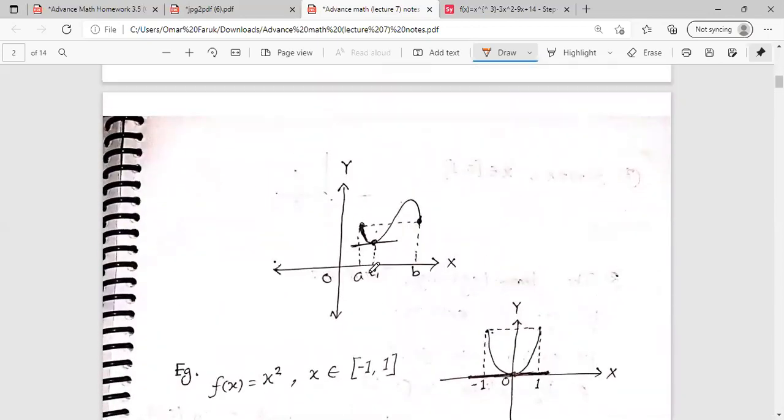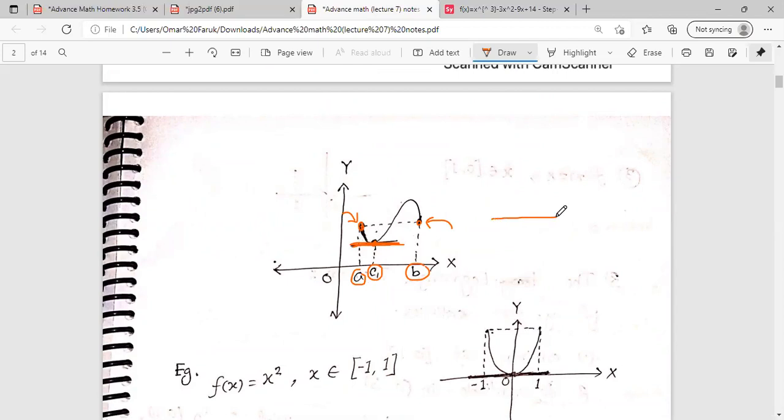And here you can see the graph. We have 2 points, one here and another one here. This point is a, and this point is b. We have a point c1 here, and you can see this slope is 0, right?